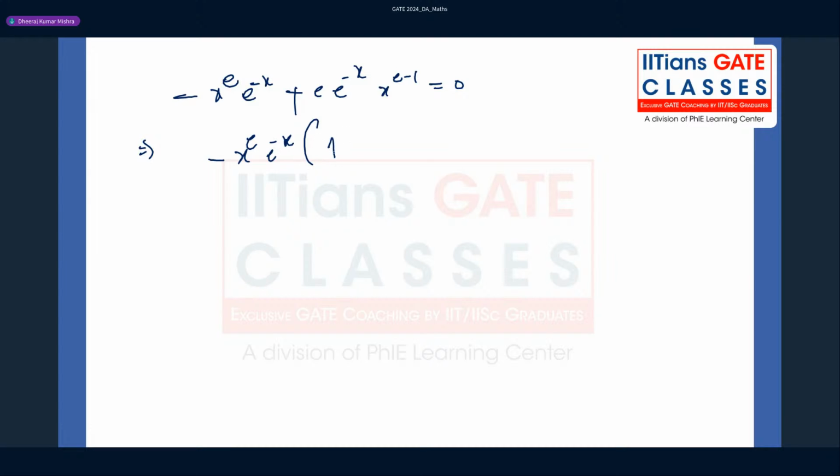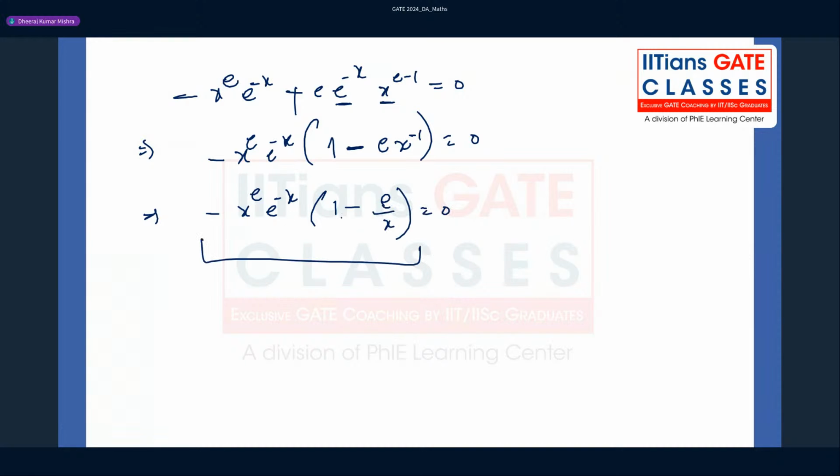You have taken 1 here, and x to the power e also, and from the other term you have taken x to the power e out, so it is nothing but 1 by x. So e x to the power minus 1 equal to 0. Further, if you write this as x to the power e, e raised to power minus x, 1 minus e by x, equal to 0. Now if you want to make this 0, you can equate this factor to 0.